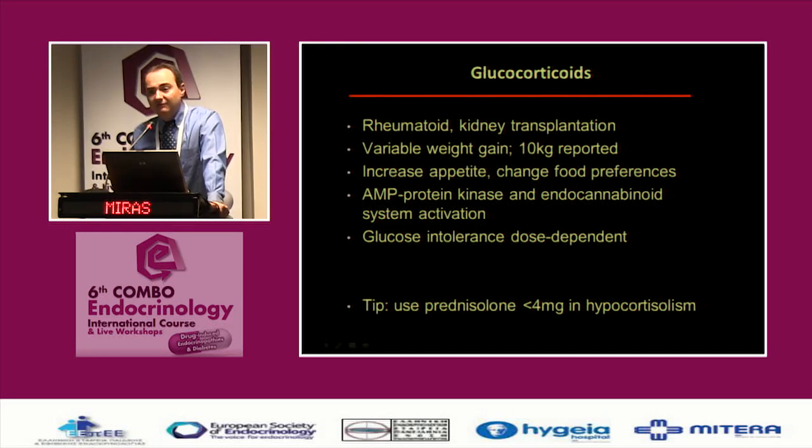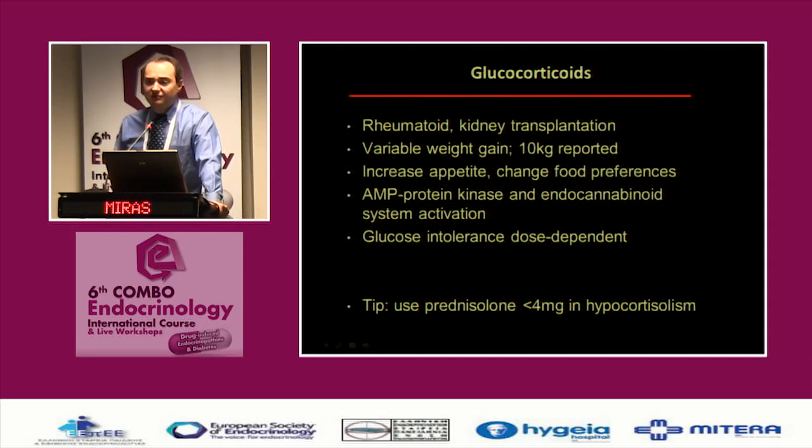And the mechanism of action, again, taking it simply macroscopically, we're talking about increases in appetite, but also changes in food preferences. So there is a predisposition for these patients to start eating more fat and high glycemic index food. What are the mechanisms in the brain?